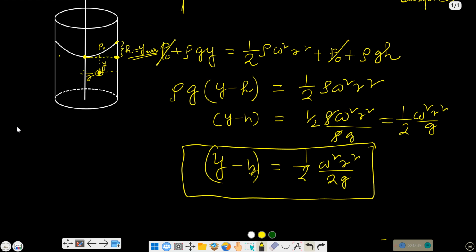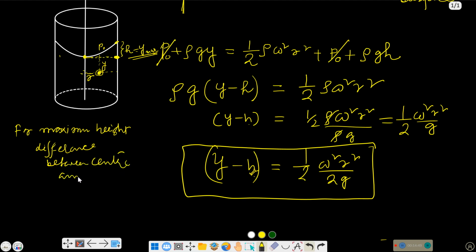So for the maximum height difference between the center and the edge of the free surface, if we look at this particular element, it is at a maximum height from the free surface.